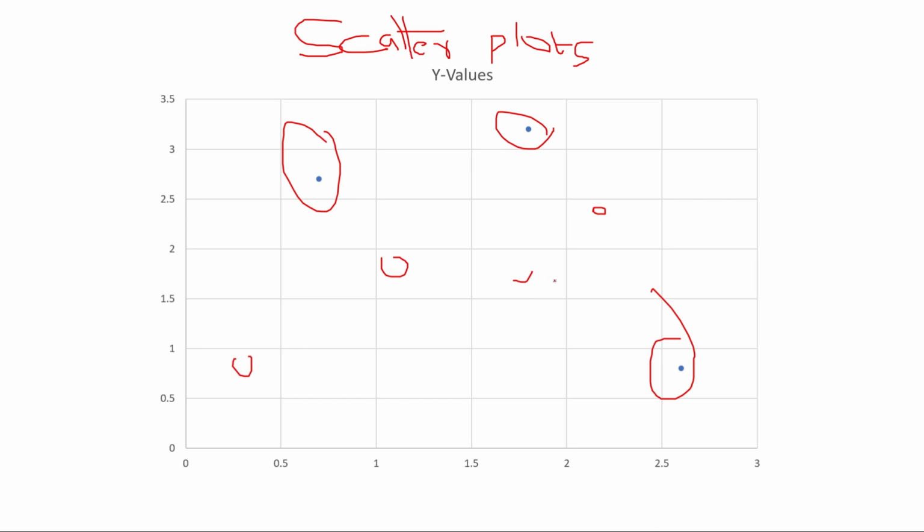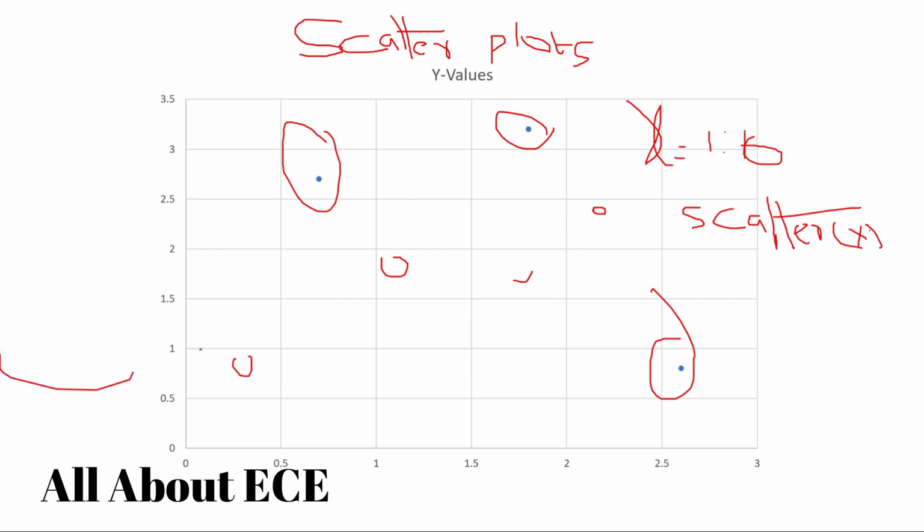If I take x equal to 1 to 10 and write the function scatter of x, then we will execute it this way. So let's see the execution part.